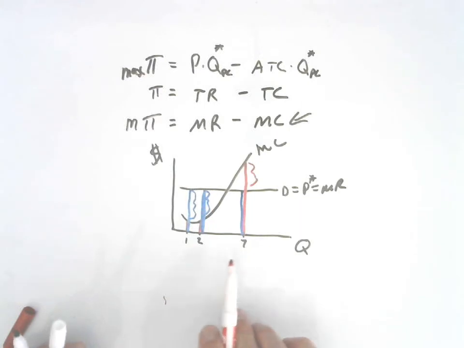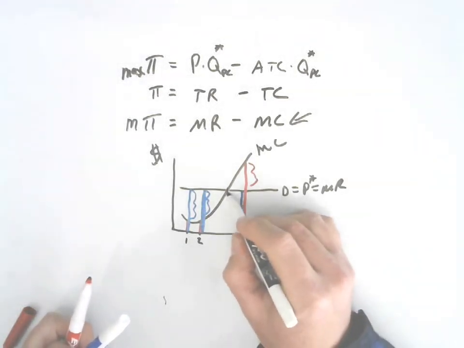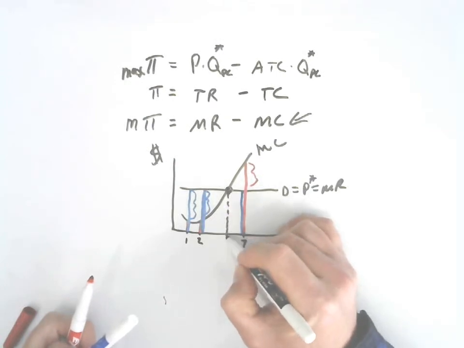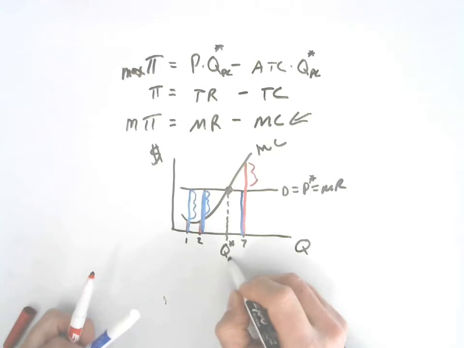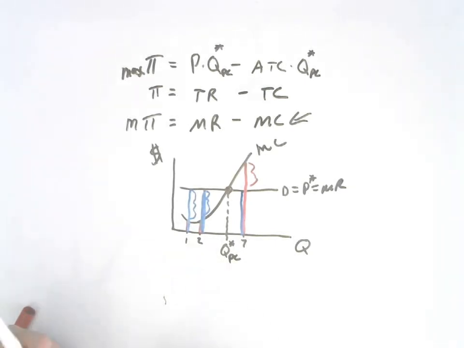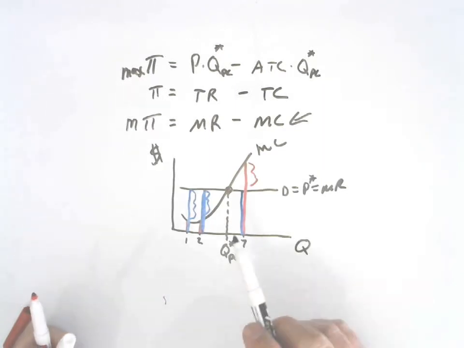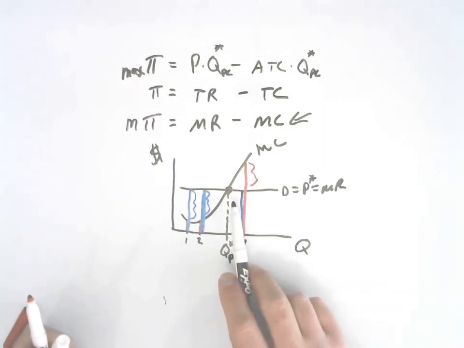Where on this graph will they be absorbing all positive marginal profits? In other words, where will their operating profit be the largest? Exactly where marginal cost equals marginal revenue. That is their Q star PC, PC again standing for perfect competition. That is their profit maximizing output level.